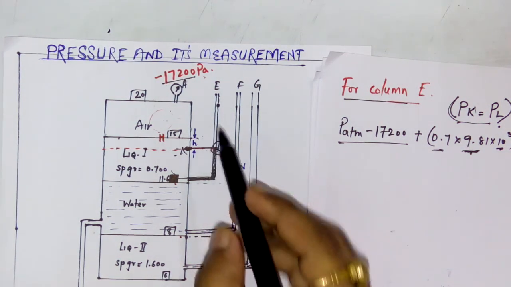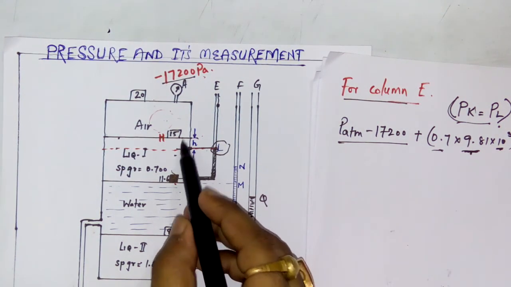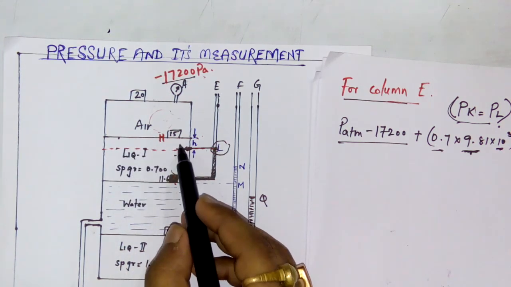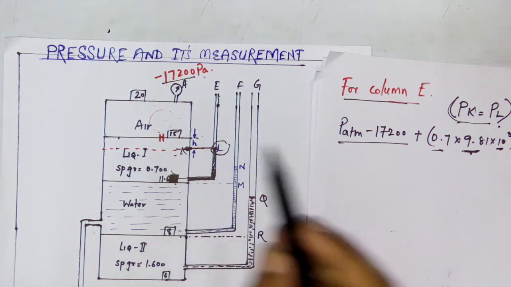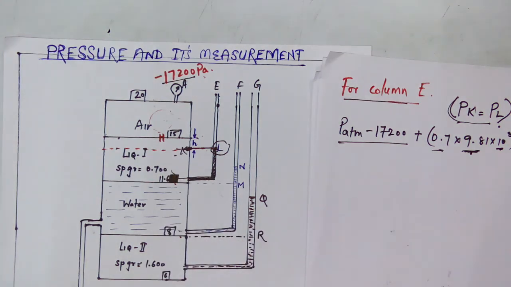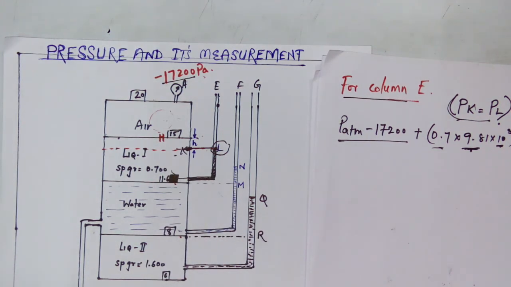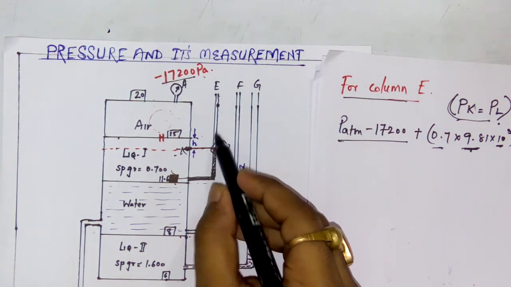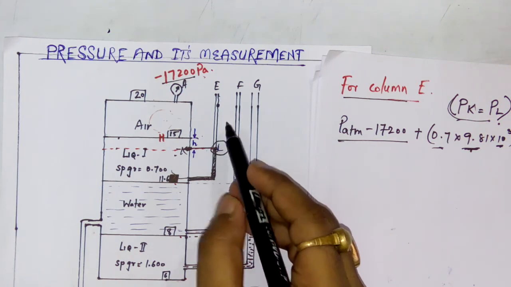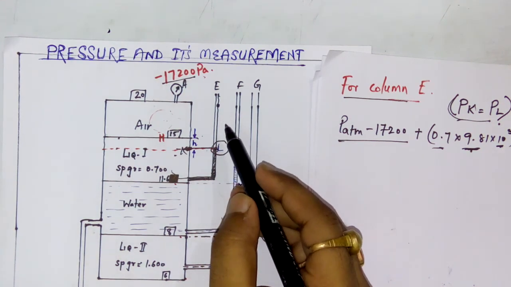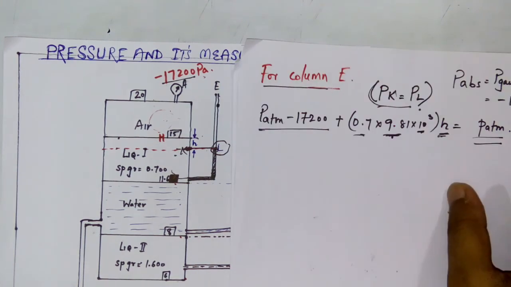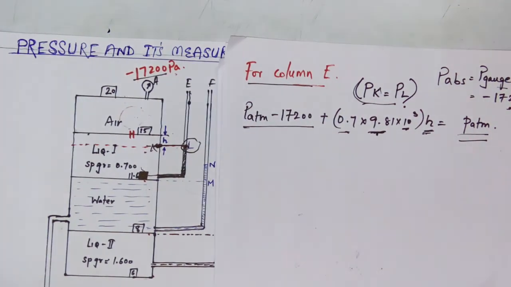Due to this level of liquid 1, there is some pressure, and that pressure is rho g h. Now what is the pressure at L? Pressure at L is nothing but the atmospheric pressure, because it is open to the atmosphere. That is what I have written here, P atm.